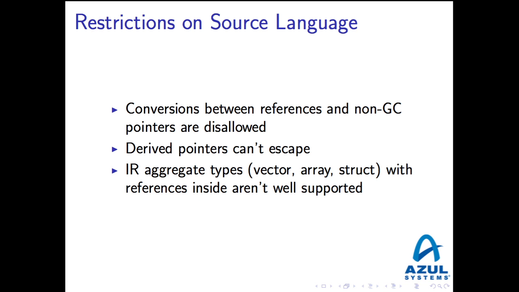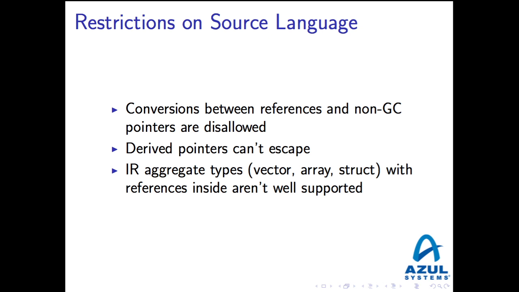Now, the approach I've talked about so far has a couple of restrictions that I mentioned in the slides as I went through, but I just want to summarize so everybody's on the same page. First, we have to have the IR, in its initial form as generated by your language front end, have a strong distinction between a reference to an object managed by the GC and any other type of value, including any other pointer type you might have in play.